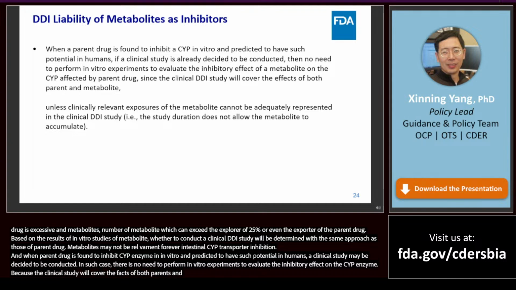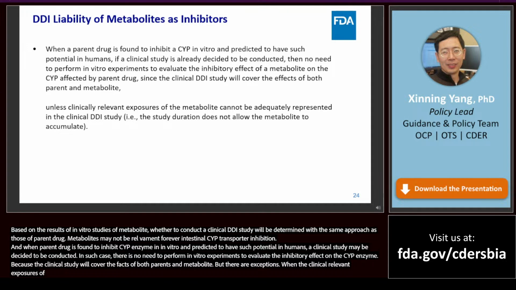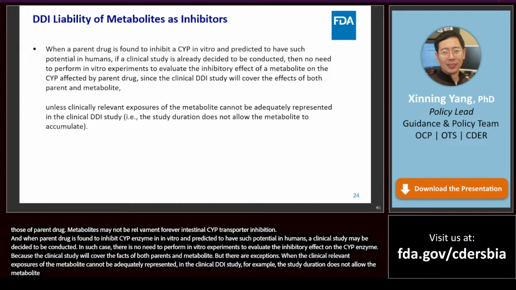But there are some exceptions, where the clinically relevant exposures of the metabolite cannot be adequately reached in the clinical DDI study. For example, the study duration does not allow the metabolite to accumulate when the metabolite has a longer half-life than the parent drug.